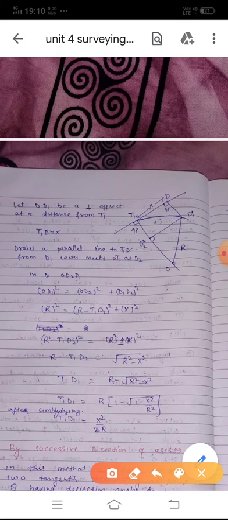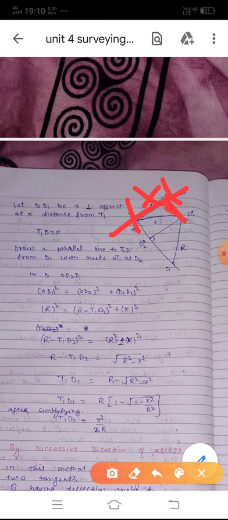Here this is our tangent T1, and d1 is our offset from T1, and this distance is x.